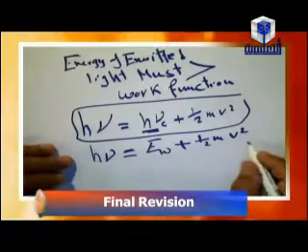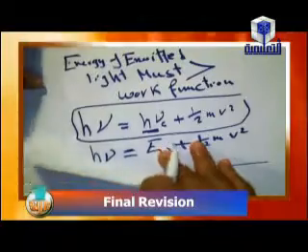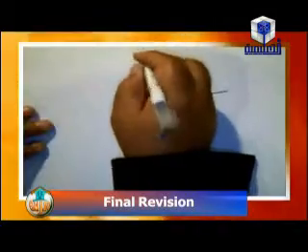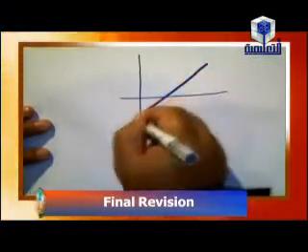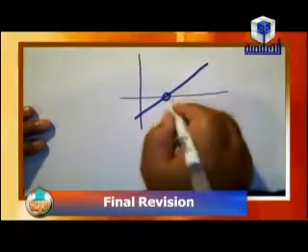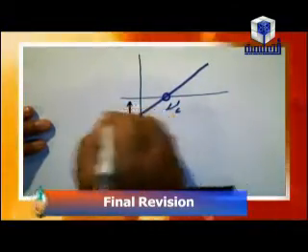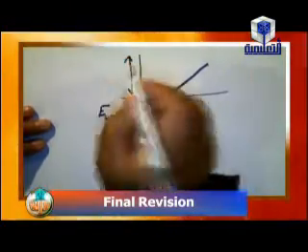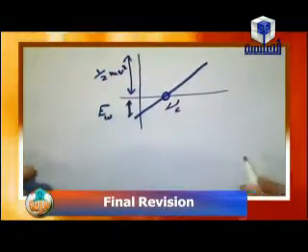We can show it graphically as in the figure, and can write it on a new paper. This is the y-axis and x-axis. The graph will be as shown. This point is the critical frequency, this is E W, the work function, and this is half m v squared, the kinetic energy of the emitted electron.